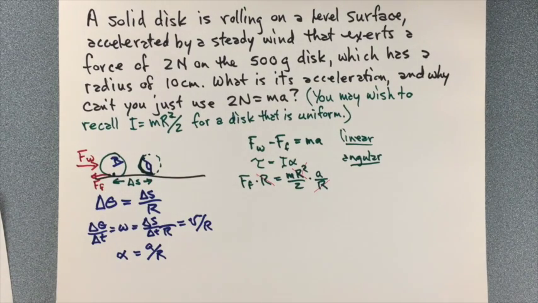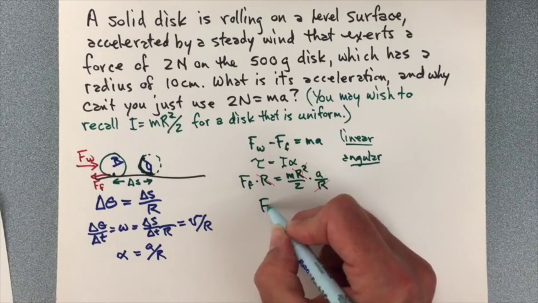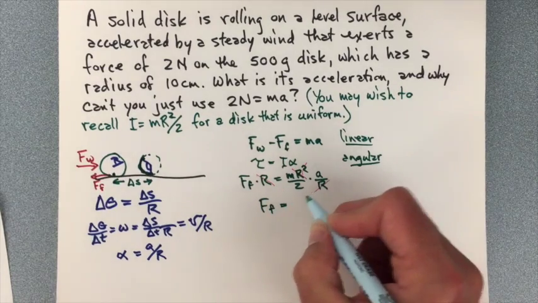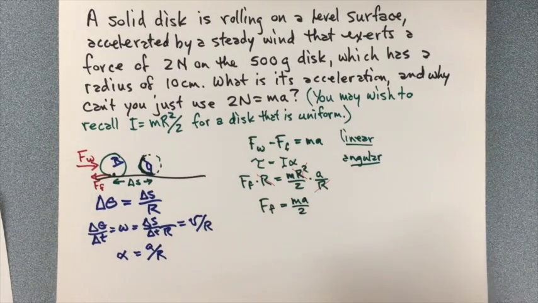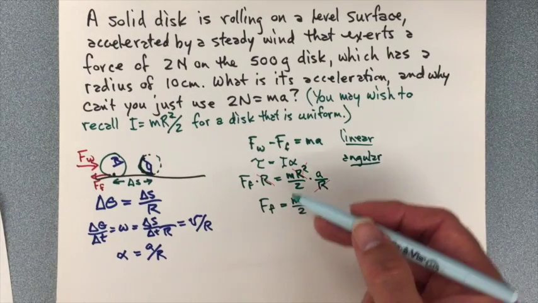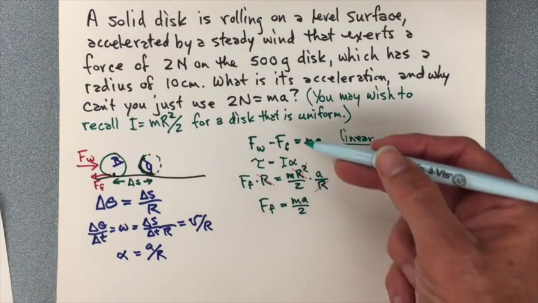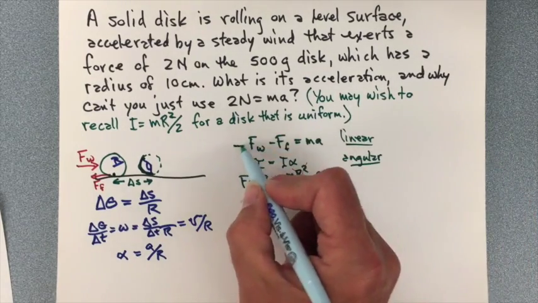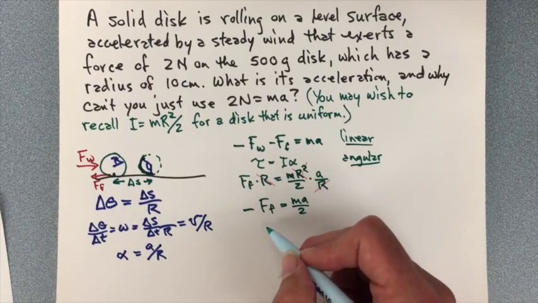But this leaves us now with this result that the force of friction is equal to ma over 2. And notice that the radius has disappeared completely. All we need to do now is solve these two equations simultaneously, and perhaps the easiest way to do that is to simply add this equation to this equation here, and you'll see the two forces of friction disappear.